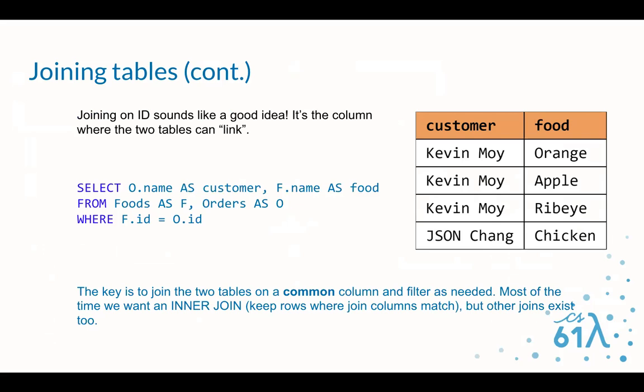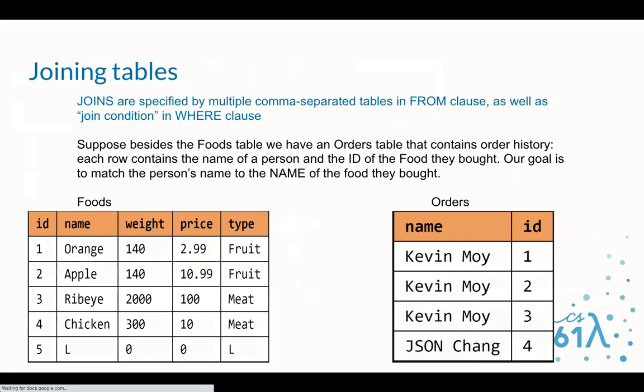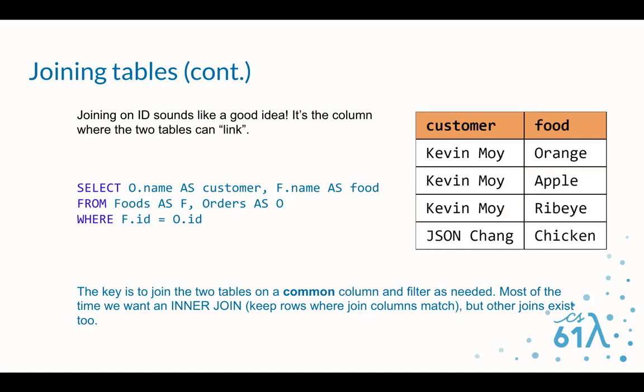And we're only doing that when F.id is equal to O.id. So if we look back, we're only merging them if the column IDs match up. As you can see, this would be the output of the join command. Any questions about joining tables? This one's kind of tricky. None?